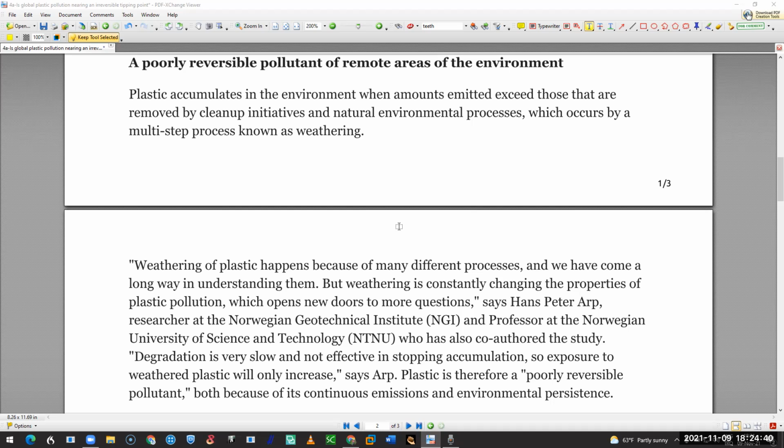If we consume plastic and consume not sufficient plastic, it weathering in the environment. Okay, Sultan, can you tell us something about this? Thank you, Bilal.